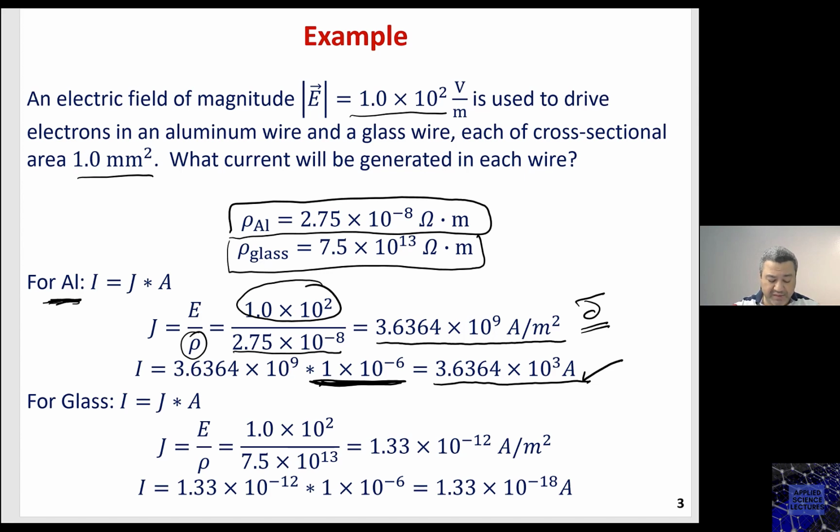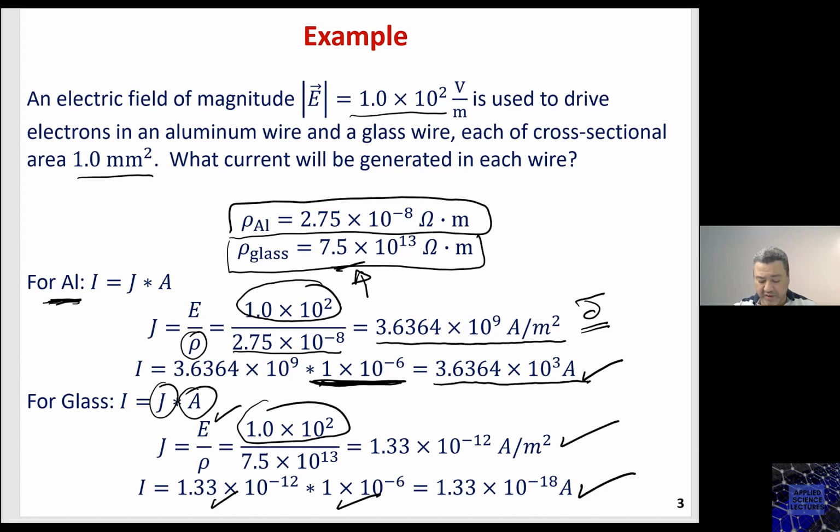For the glass, same cross section. I need to calculate the current density, which is the electric field, the same electric field for both, 100, divided by the resistivity of the glass, which is here 7.5 10 to the power 13. Then I multiply this current density by the area of the cross section.